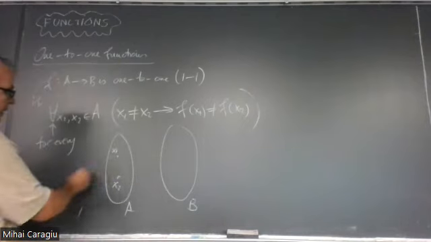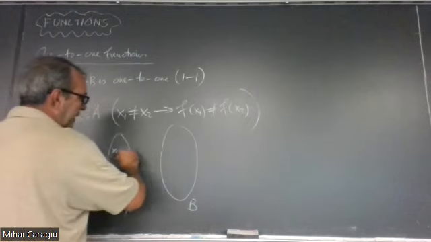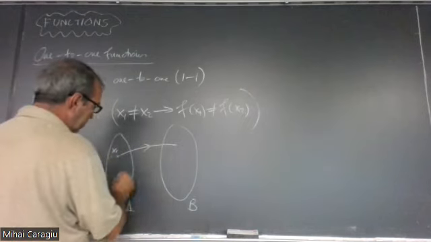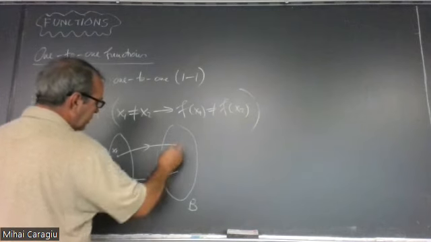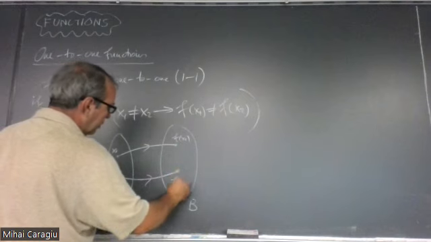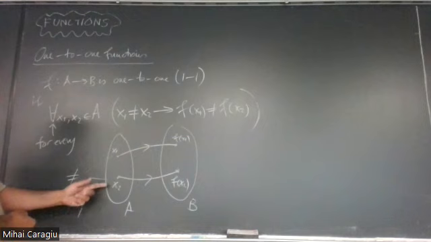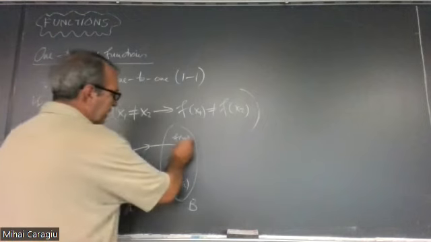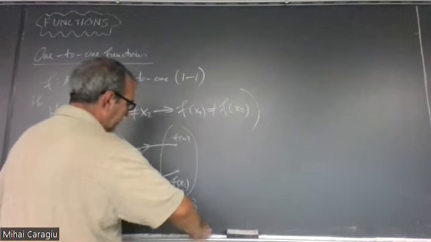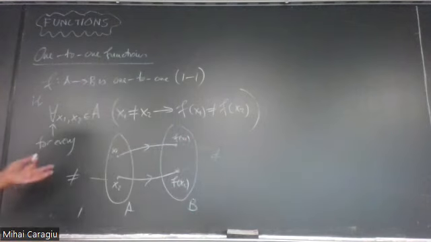If they are different, then they are mapped to different elements of the codomain. So this is f of x1, this is f of x2. And one-to-one means that if x1 is not equal to x2, then these two are different as well.